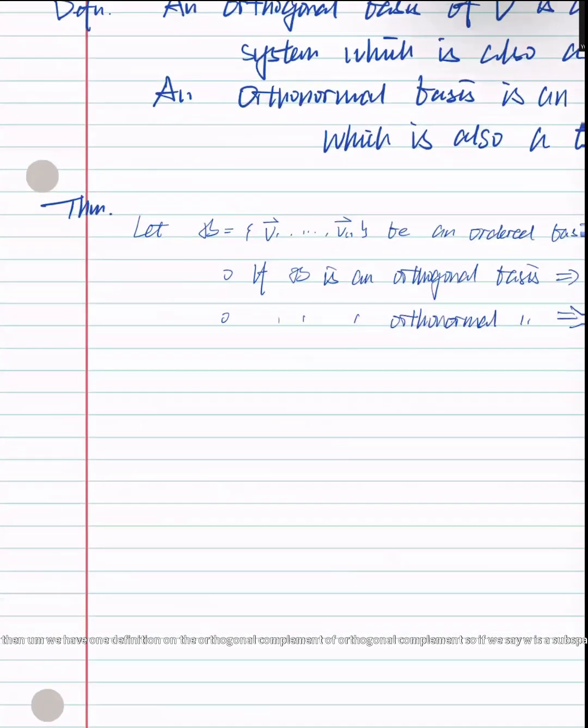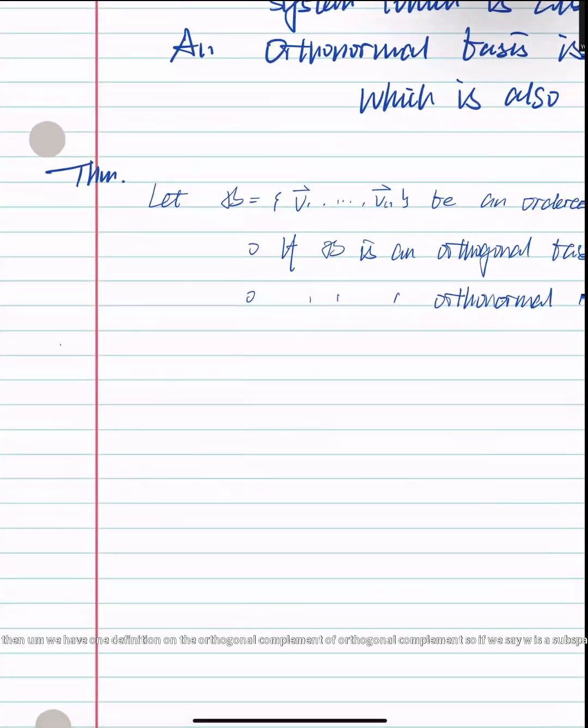Then we have one definition on the orthogonal complement.